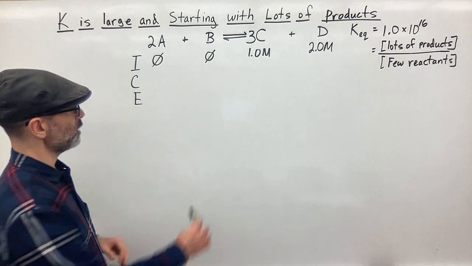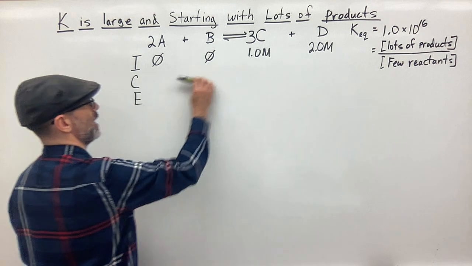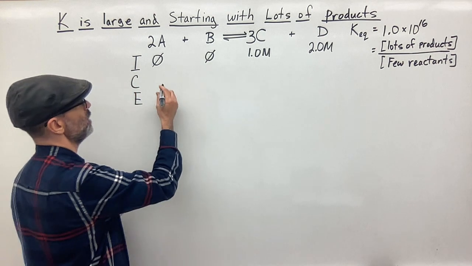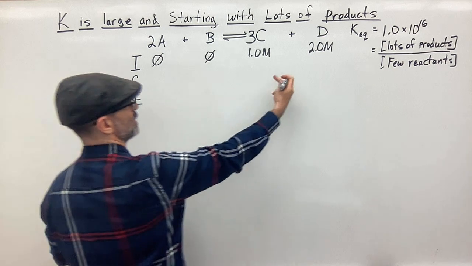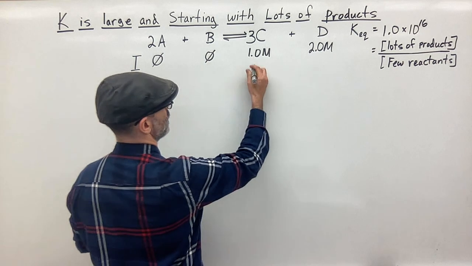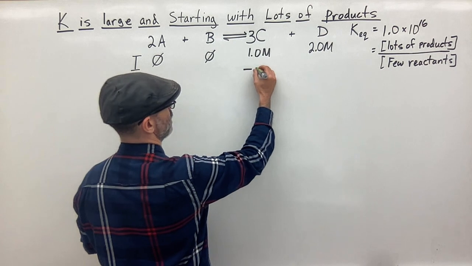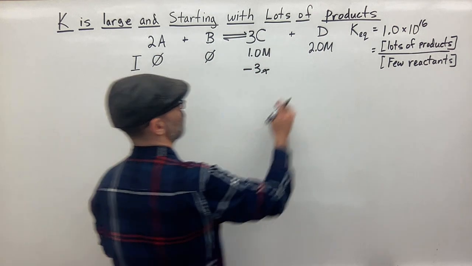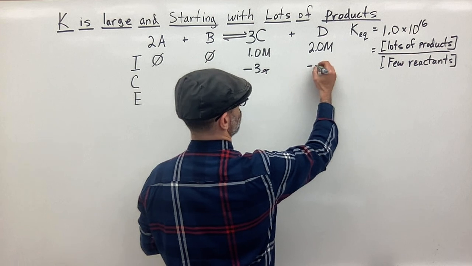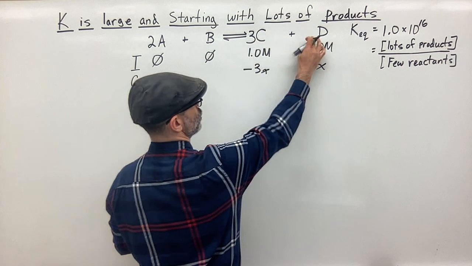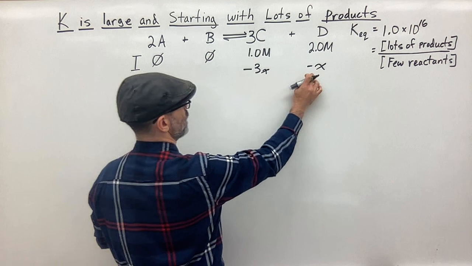Because I know it's going to shift this way, I can do the change part of my ICE table. I'm going to lose a 3X amount on this side, and I'm going to lose just an X amount here, because I have to pay attention to the coefficients and the stoichiometry.